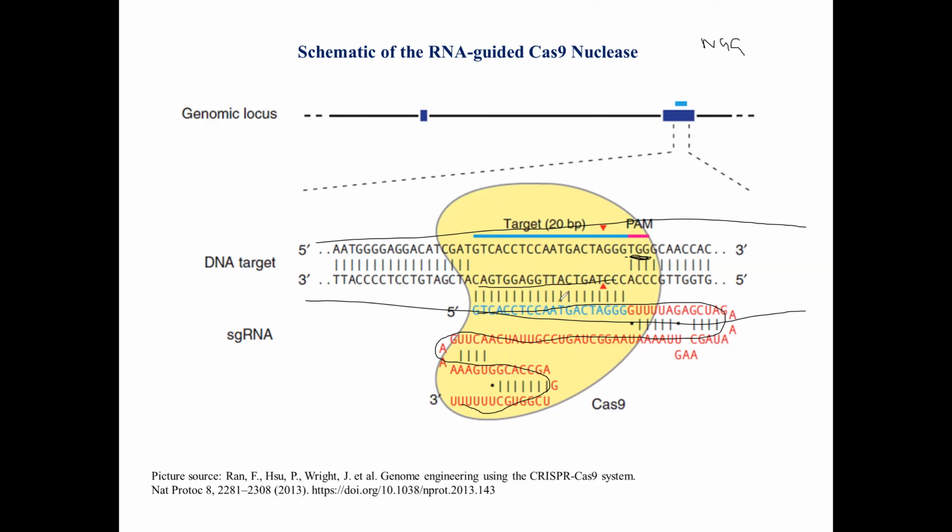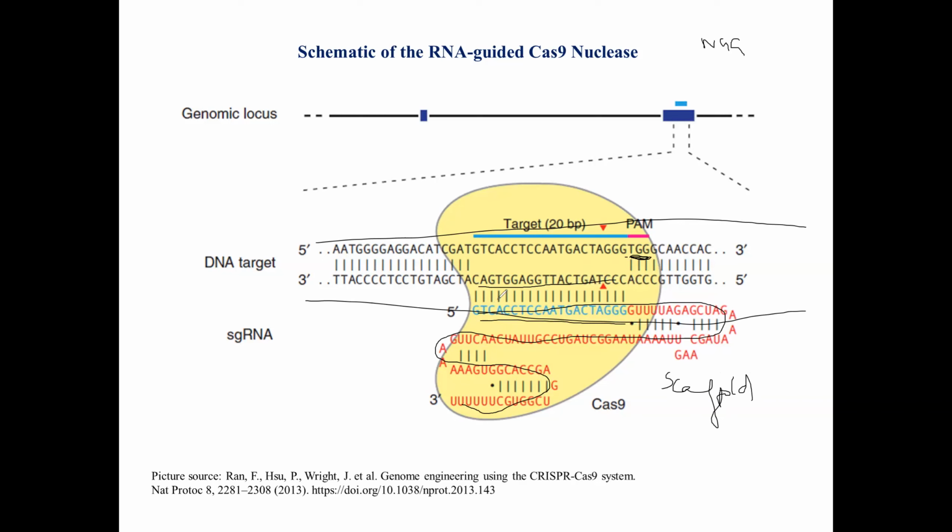Once it's annealed, you can see the red region. This is the scaffold part of the guide RNA. So the scaffold region is bound to the protein, and this spacer sequence is able to anneal with one strand of the protospacer.